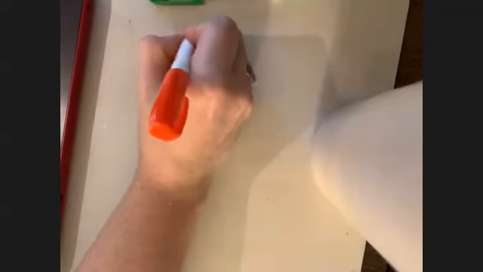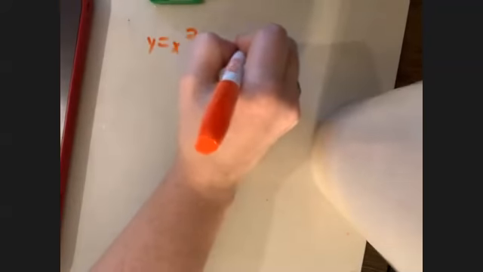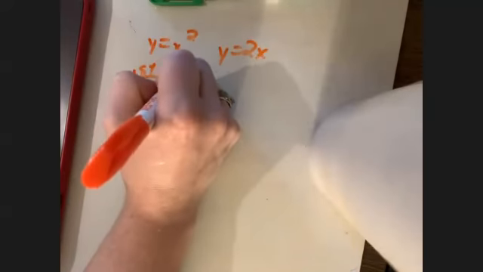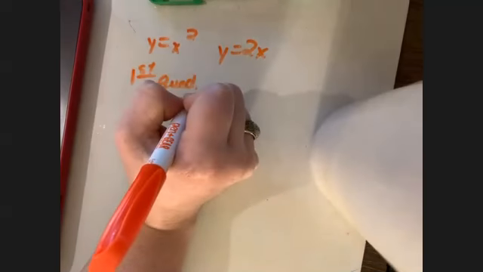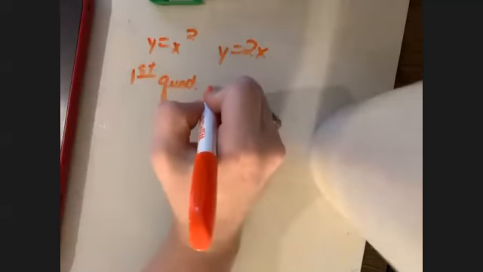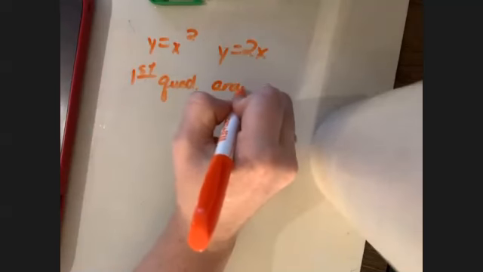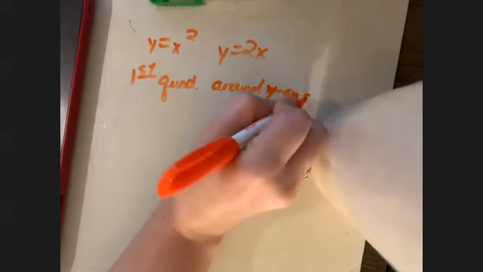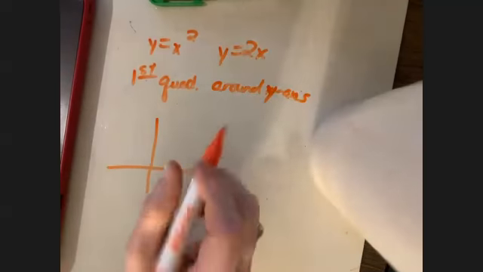So we're going to do the parabola y equals x squared, line y equals 2x, first quadrant, and we're going around the y-axis on this one. Okay. So here we go.